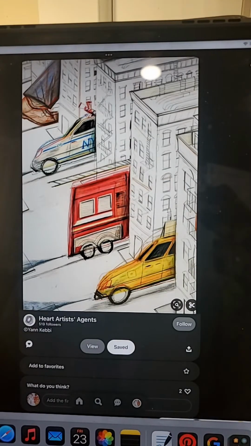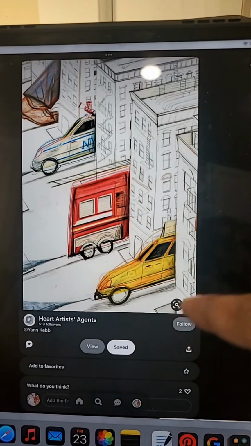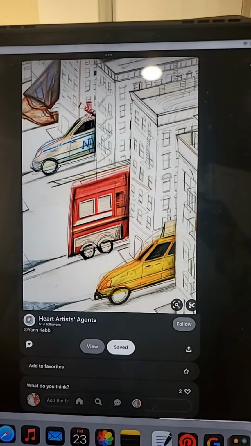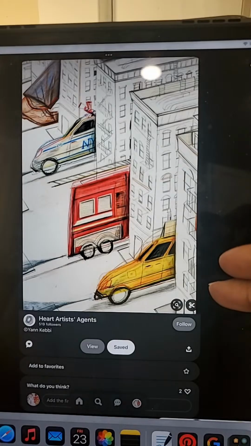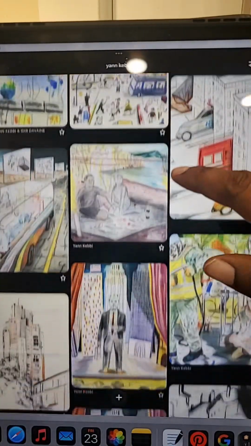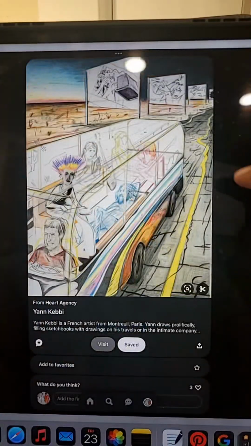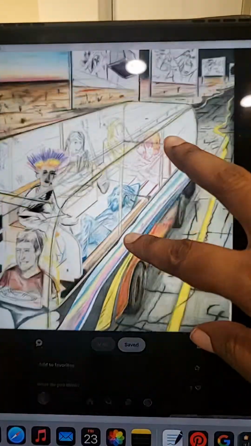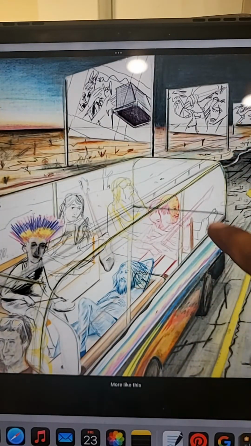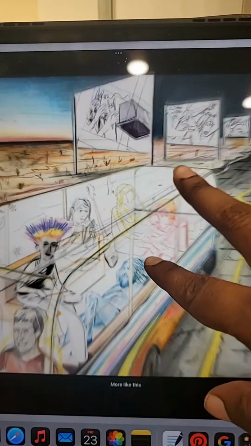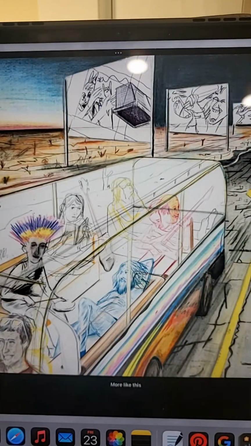So one of the things that I really enjoy about Yann Kebbi is his sense of humor is very much on display in his art. You get a sense of who he is, because his images are so visually interesting.